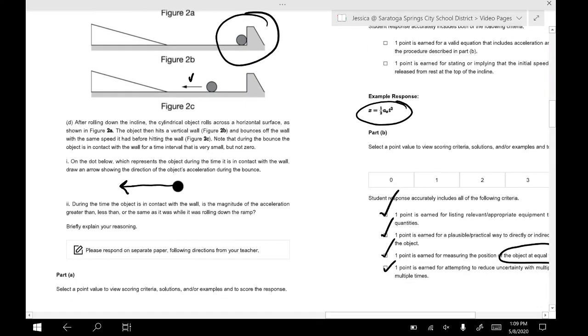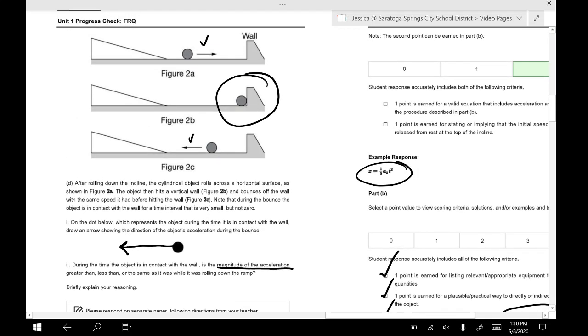All right. So during the time that the object is in contact with the wall, is the magnitude of the acceleration greater than, less than, or the same as it was while it was rolling down the ramp? Okay, briefly explain your reasoning. Okay, so we have a change in direction here.